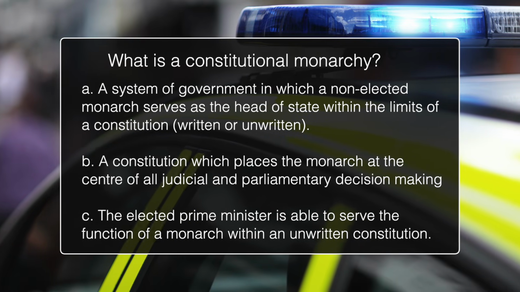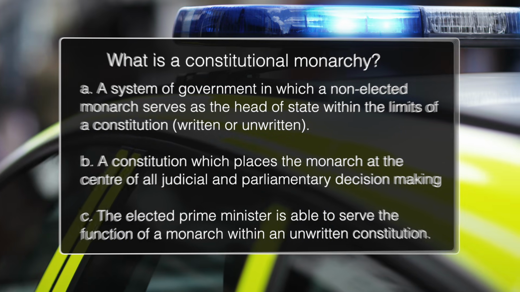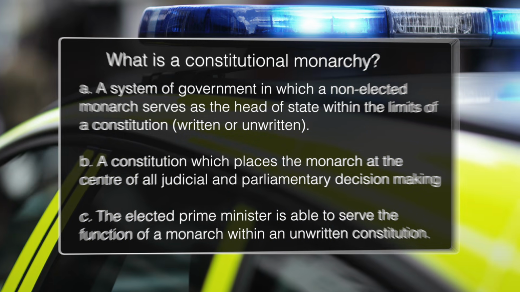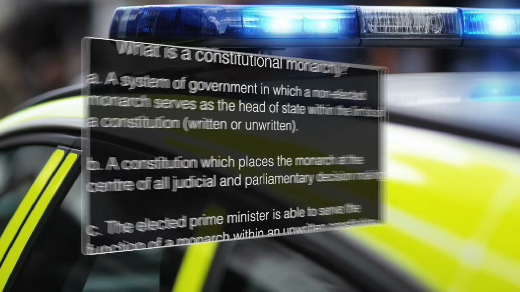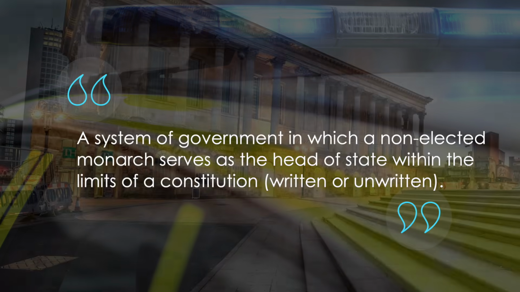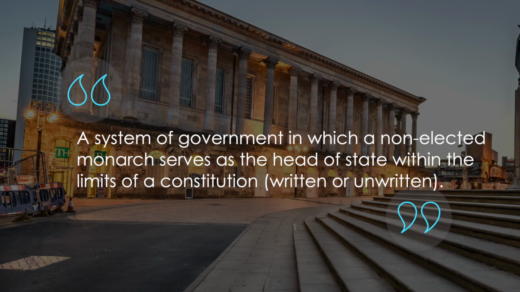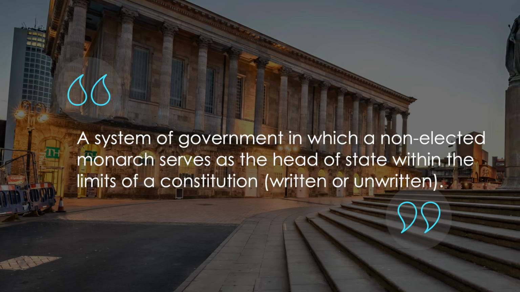Or C. The elected Prime Minister is able to serve the function of a monarch within an unwritten constitution. The answer is A. A system of government in which a non-elected monarch serves as the head of state within the limits of a constitution, written or unwritten.